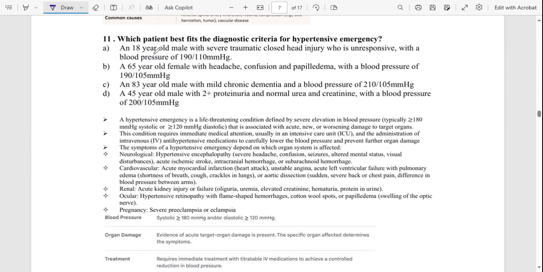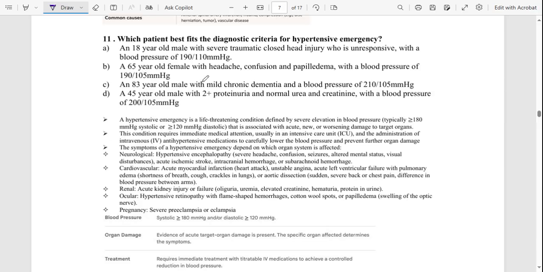Number 11 is asking which patient best fits the diagnostic criteria for hypertensive emergency. A: a 19-year-old male with severe traumatic closed head injury who is unresponsive with a blood pressure of 190 over 110.